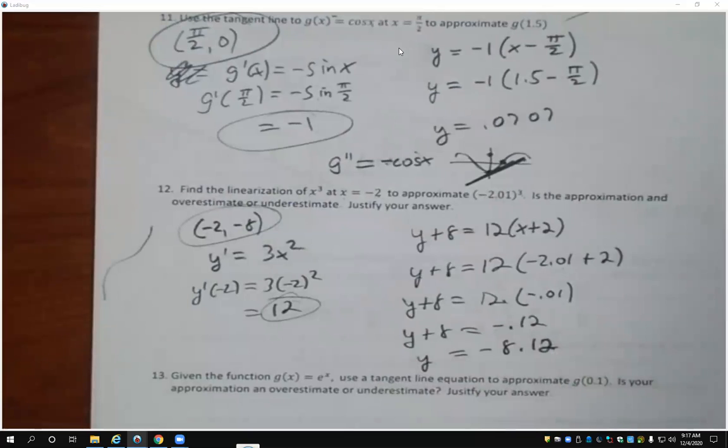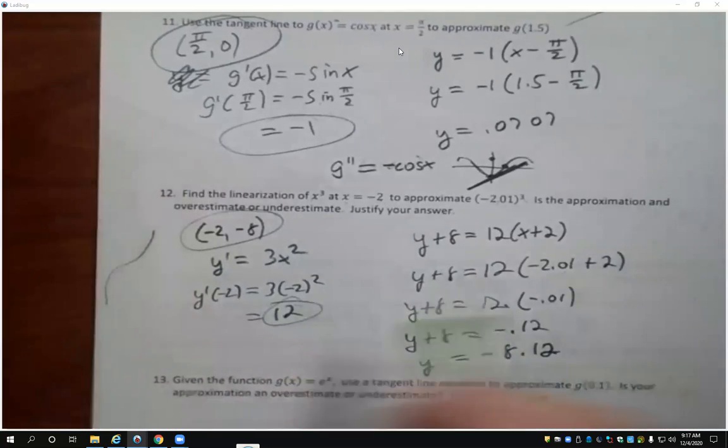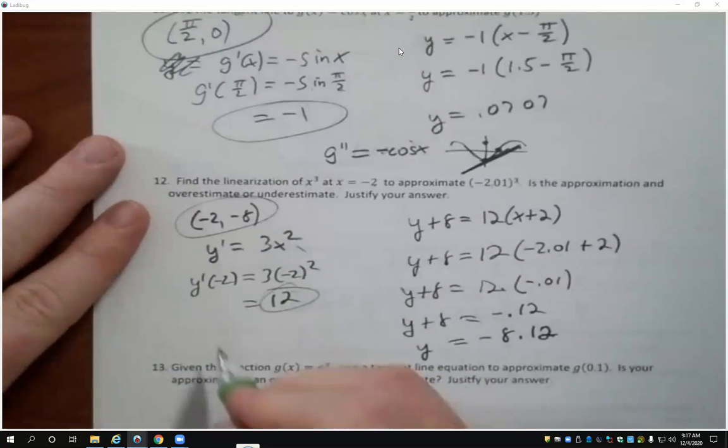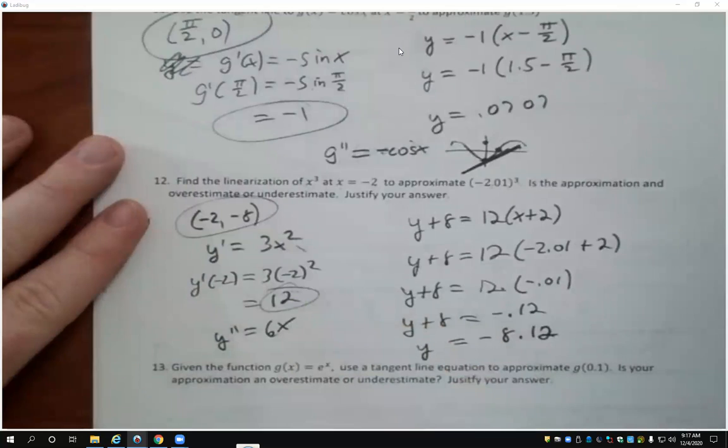The question now is, is that an overestimate or an underestimate? Is it more than that? Is it less than that? Well, if we find our second derivative, which is pretty easy on this function, our second derivative is 6x, and if I plug negative 2 into this, I get a negative number.